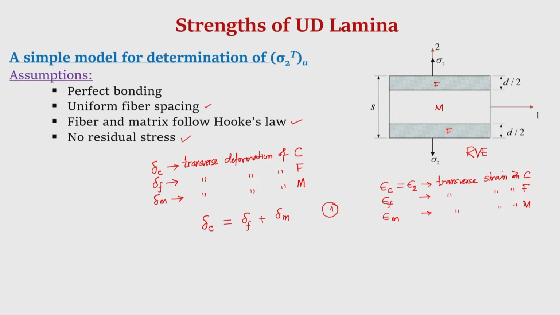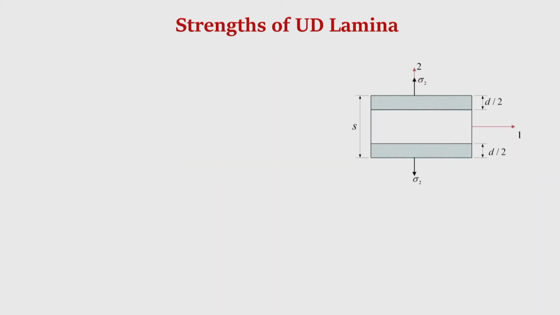Now, looking at this RV and going by the definition of strain, we can write the expression for strain: epsilon c is equal to change in length delta c by original length S. Epsilon f is equal to delta f by d. These are all transverse strains. Epsilon m is equal to delta m by S minus d. So, this is 2.